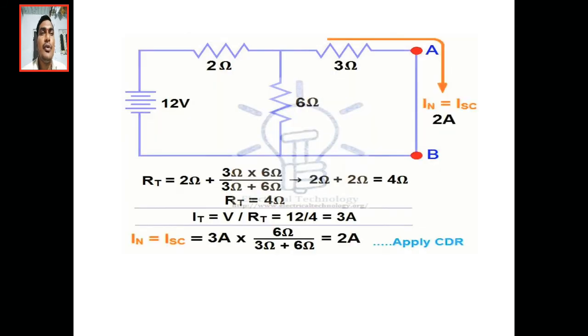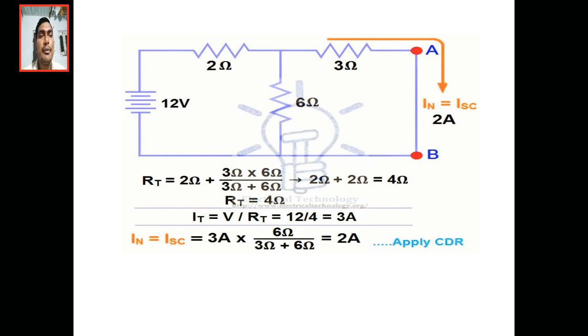So to find the total resistance, meaning Norton's resistance, what do we have to do? We have to open circuit the current source or short circuit the voltage source. That means make the sources inactive, or remove the sources. So here I am removing the 12 volt source. Then what does it become?